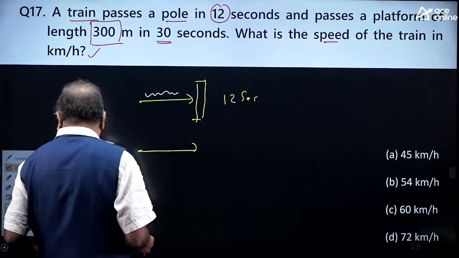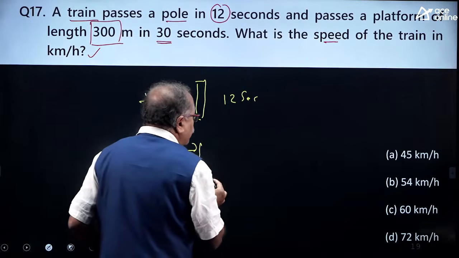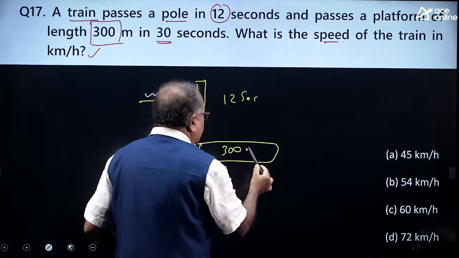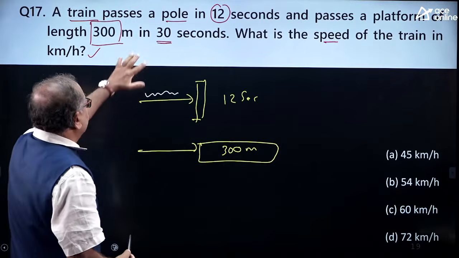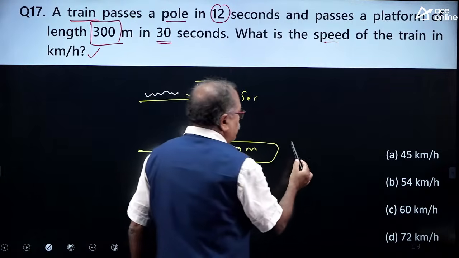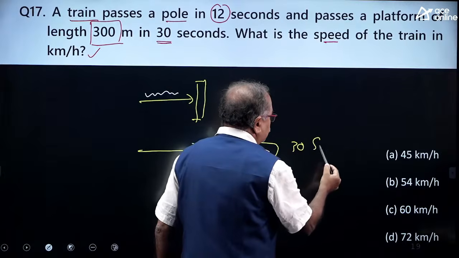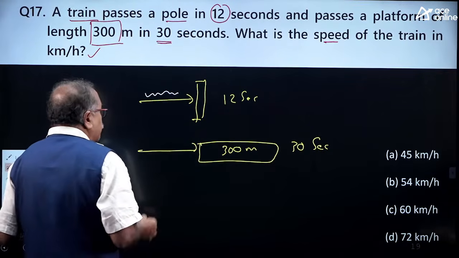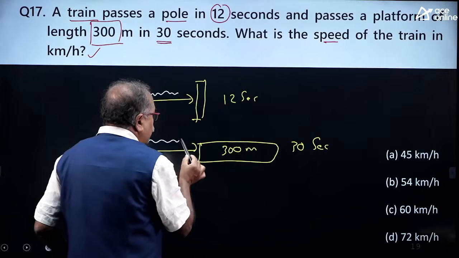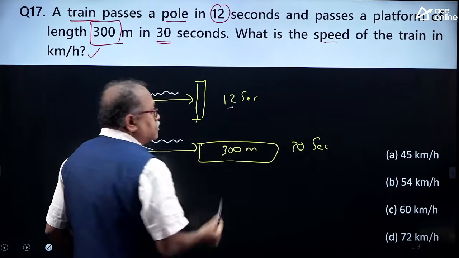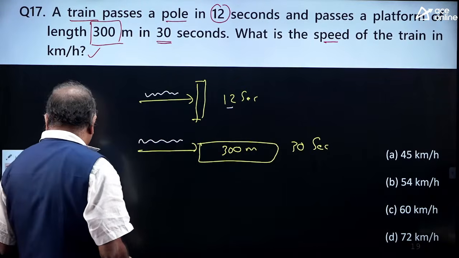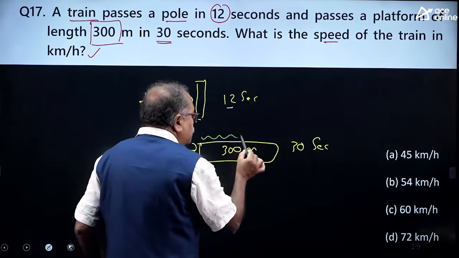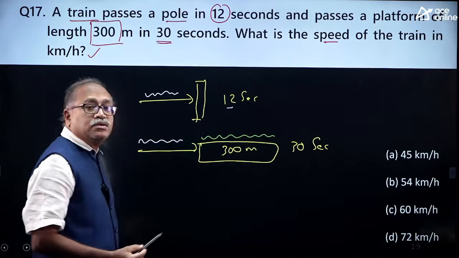Now, when it is crossing a platform of 300 meters, then how much time does it take? It takes 30 seconds. So, previously to cross its own length, it is 12 seconds. What is the extra length over here? The extra length over here is 300 meters.